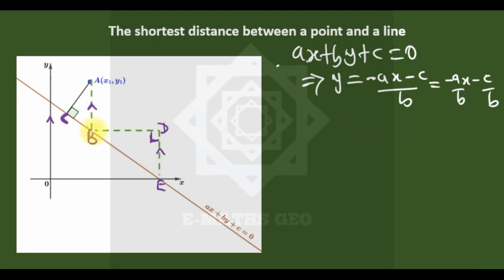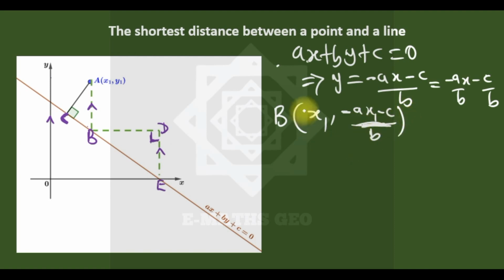So to get the coordinate of B, it is simple because, since it's parallel, it will have the same x coordinate, but the y value is now, if you substitute the value of x1 in this, you get x1, and y is minus ax1 minus c over b.